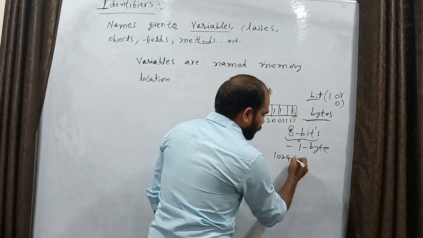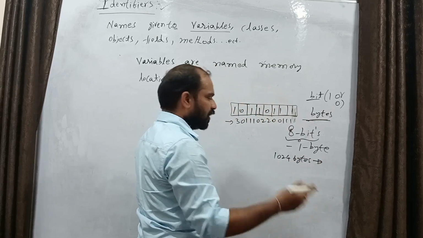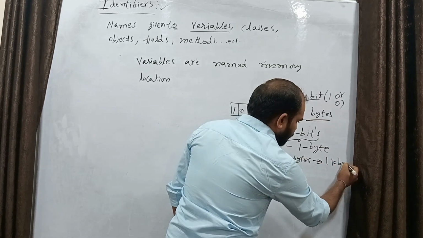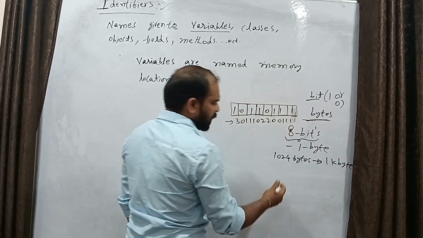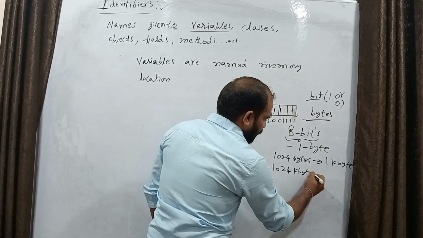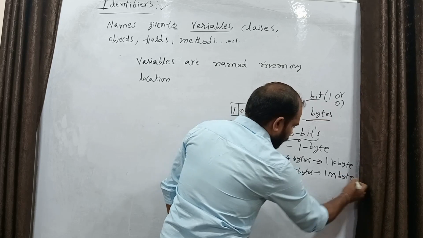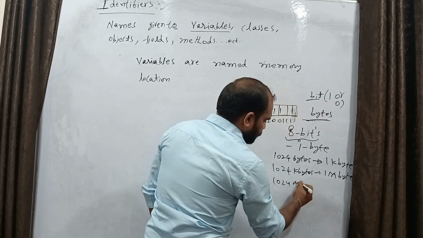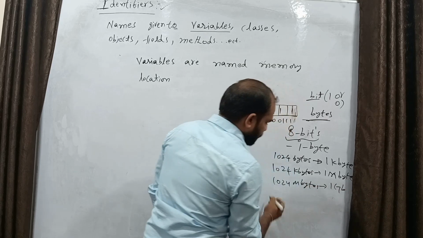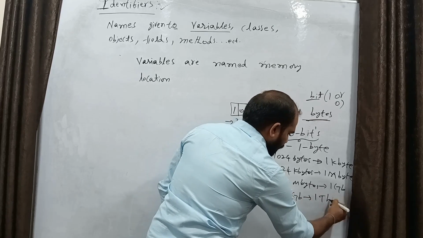And then 100 bytes, 200, 300. Now if it reaches 1024 bytes, it is called 1 kilobyte. Then 1024 kilobytes is called 1 megabyte, and 1024 megabytes are called 1 gigabyte, 1 GB of data. Then 1024 GB is called 1 terabyte of data.